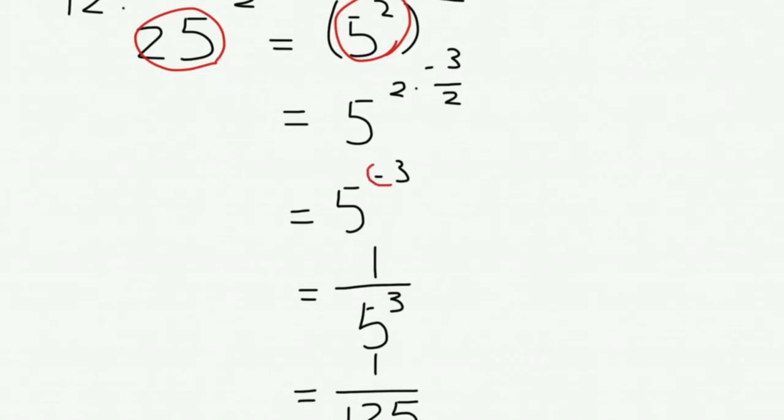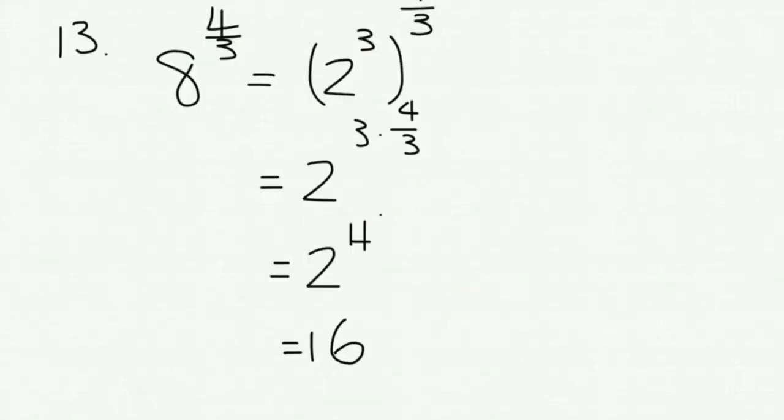How do I take care of the negative exponent? Whenever it comes to a negative exponent, it's not a negative number. It simply means that I am putting it in the denominator. So 5 raised to the negative 3 power is equal to 1 over 5 raised to the 3rd power. And 5 raised to the 3rd power is 125. So the answer is 1 over 125.